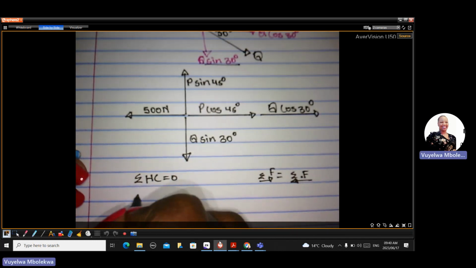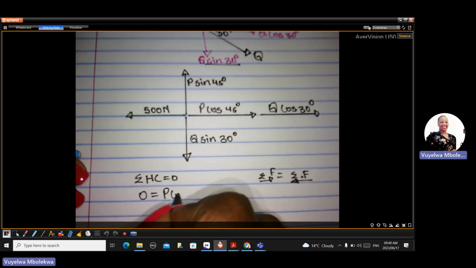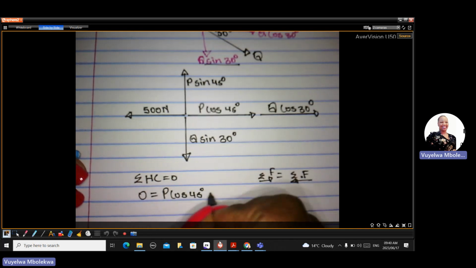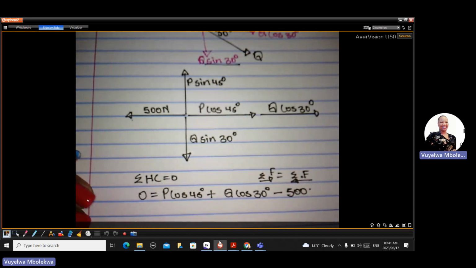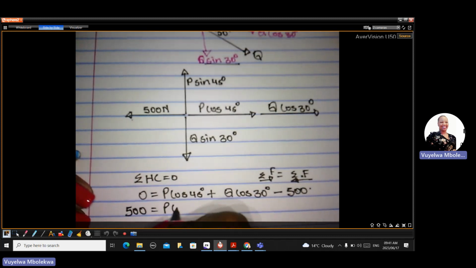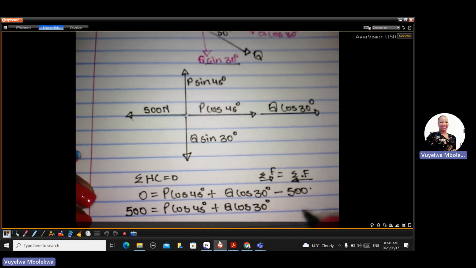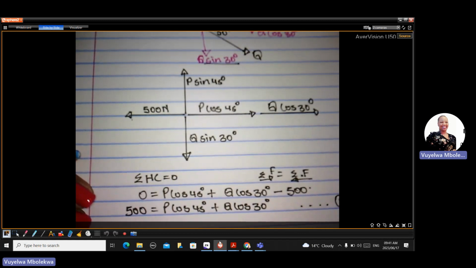So if we apply that, we can say 0 is equal to P cos 45, which is positive because it's going east, and Q cos 30 is also positive, it's going east, but minus 500 because 500 is going west. So if we rearrange it, we can say 500 equals P cos 45 plus Q cos 30, to have everyone positive.